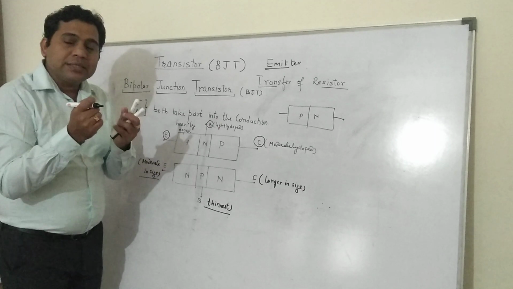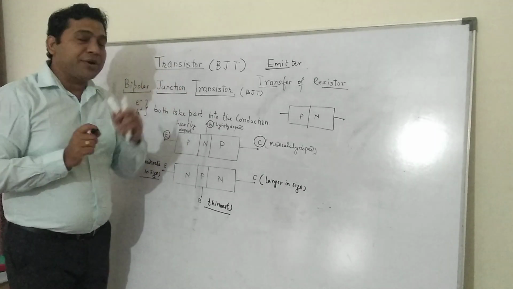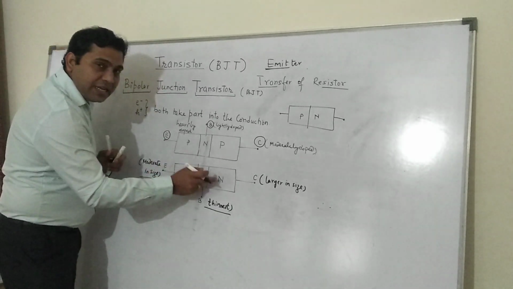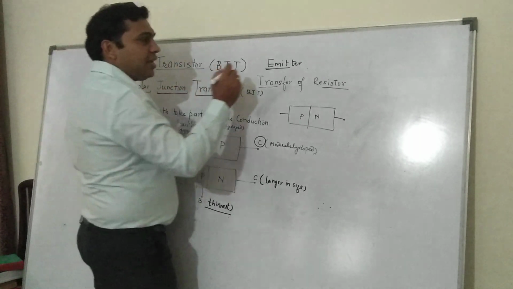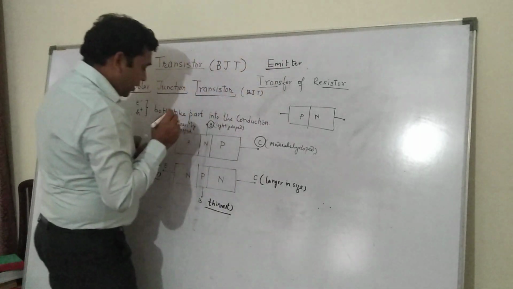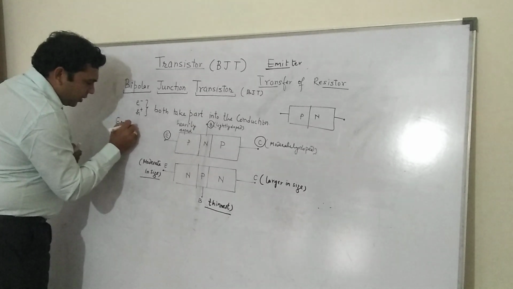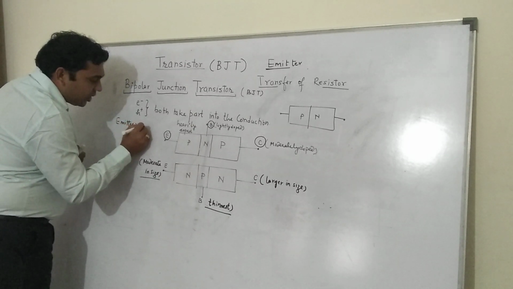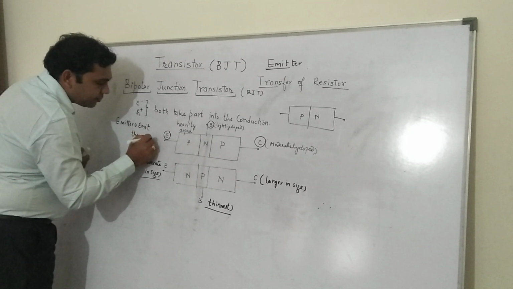It emits the majority charge carrier. It is not right to say it emits the electron, because in this case it will emit the electron, in this case it will emit the holes. So we can write here: emitter, which will emit the majority charge carrier.